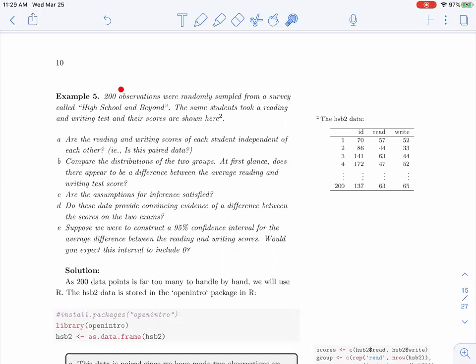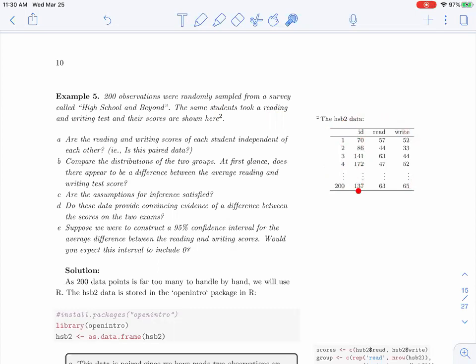So in example 5, we've got 200 observations randomly sampled from a survey called High School and Beyond. The same students took a reading and writing test, and their scores are shown here. So we have 200 students, and they each have some ID number.